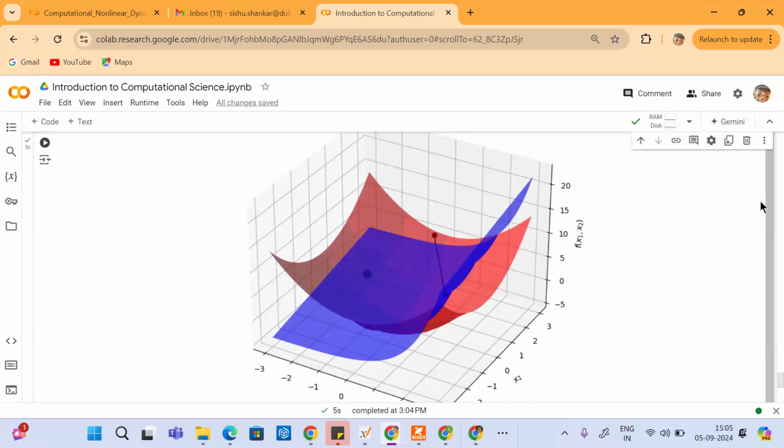Why? But mostly the answer is related to optimization, something known as gradient descent optimization, which is heavily used in your machine learning as well. So how you can visualize this as a problem of optimization, saying that the distance between the two surfaces is as minimum as possible.